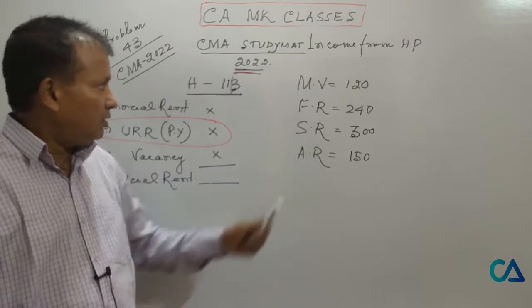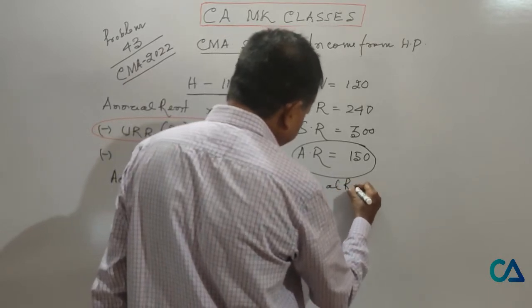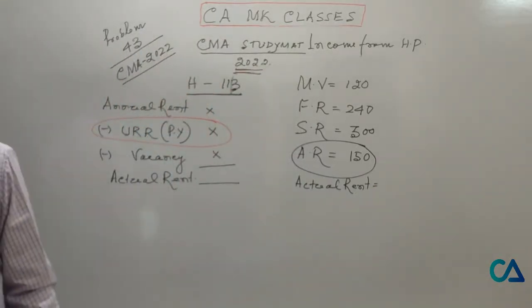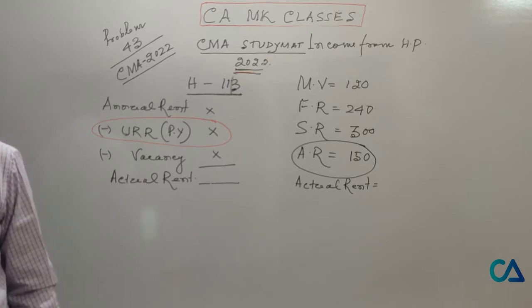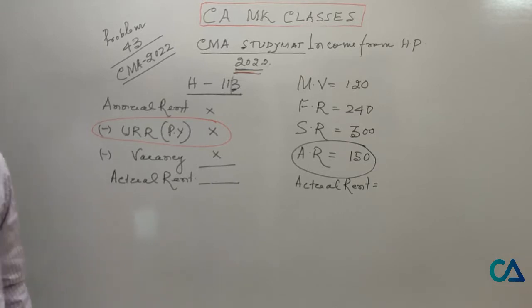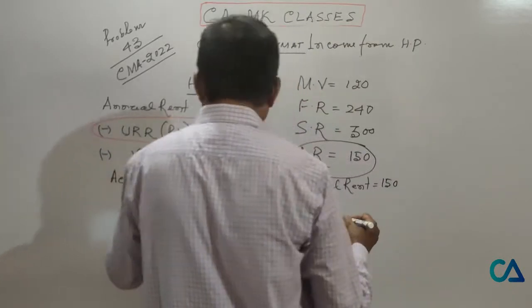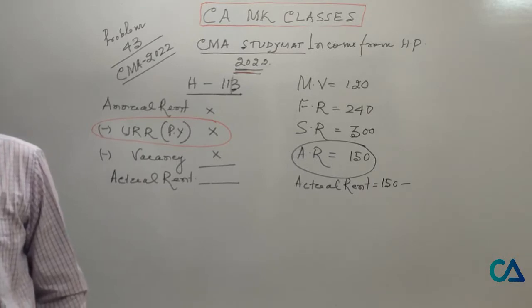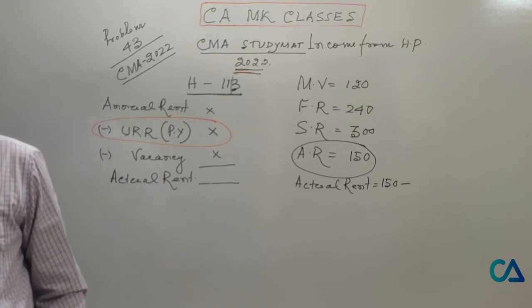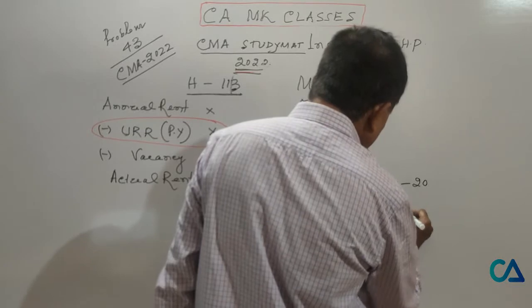So friends, this is annual rent, actual rent will be 150 minus unrealized rent, which is 20. So actual rent is 130.